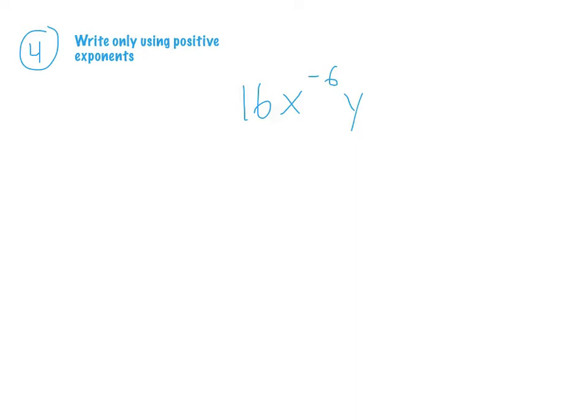Now the question becomes, who does the negative 6, the exponent, belong to? Well, it belongs to the x. The negative 6 does not belong to the 16. It does not belong to the y. It only belongs to the x. So what we're going to do is move this x to the negative 6th down to the denominator.